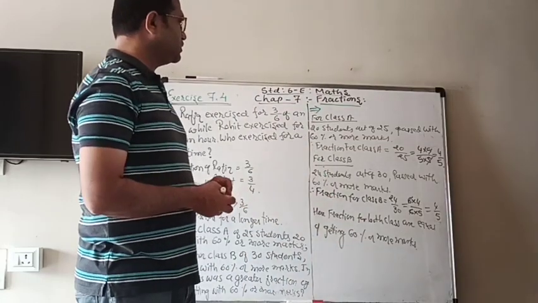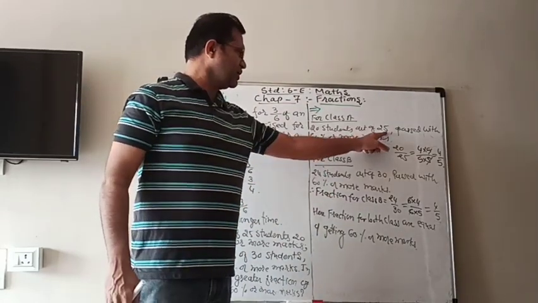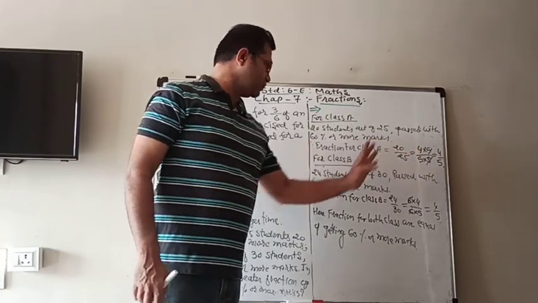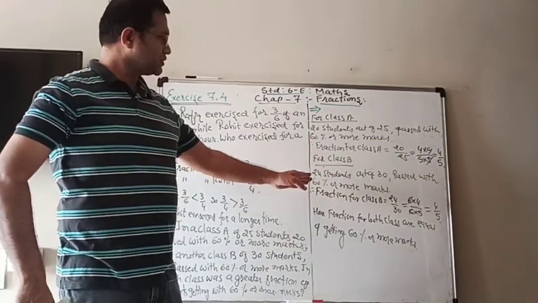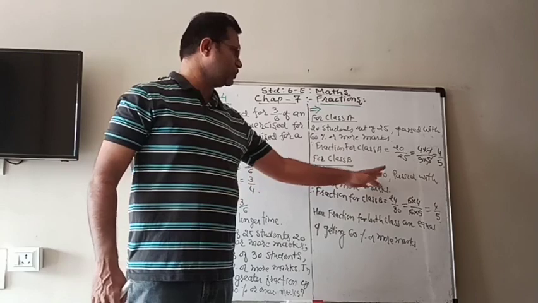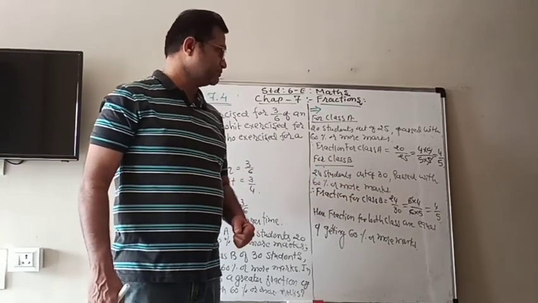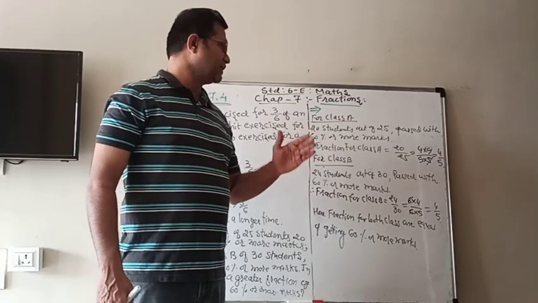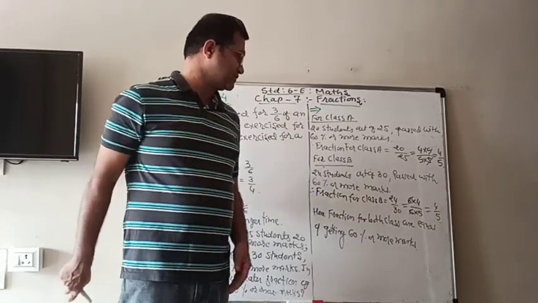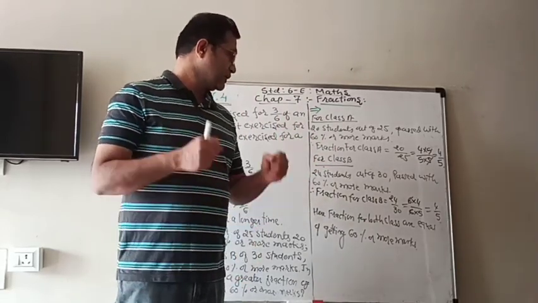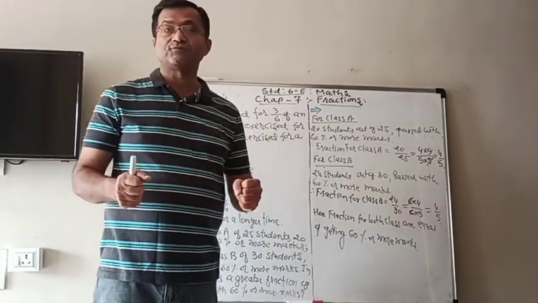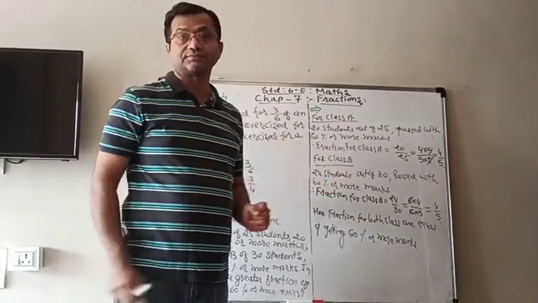So here 20 out of 25, so we get the fraction 4 by 5. Here 24 out of 30, and also we get the same fraction here. So both the classes have the equal fractions of getting 60% or more marks.